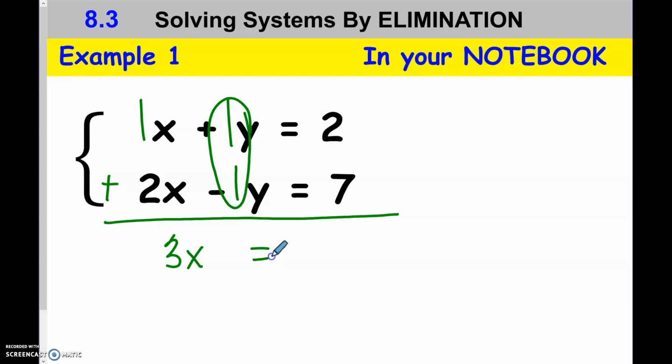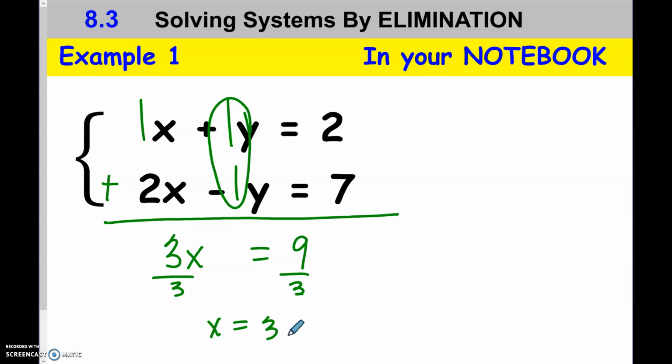So we eliminated the y's, and then we add 2 plus 7 is 9. So that would be step 1, adding them together to eliminate a variable. So we eliminated y. Now we're going to divide by 3, so x is 3.